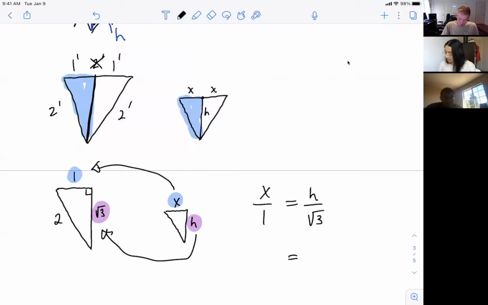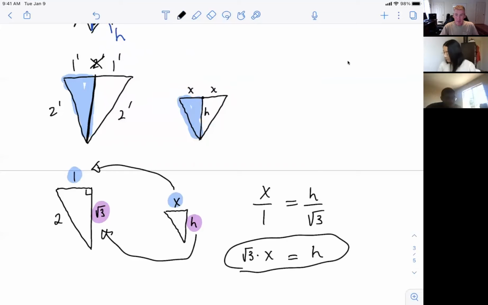And then if I multiply both sides by the square root of 3, it's going to say H equals the square root of 3 times X. And that is what I needed from all of that geometry right there. H can be replaced with the square root of 3 times X.